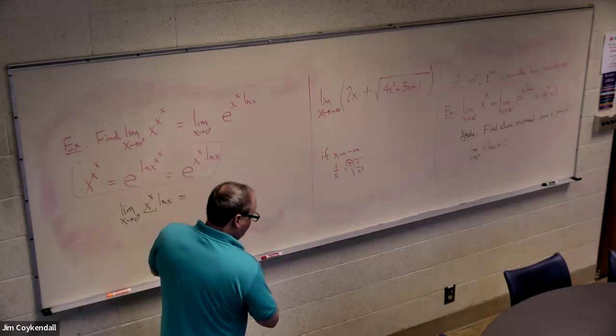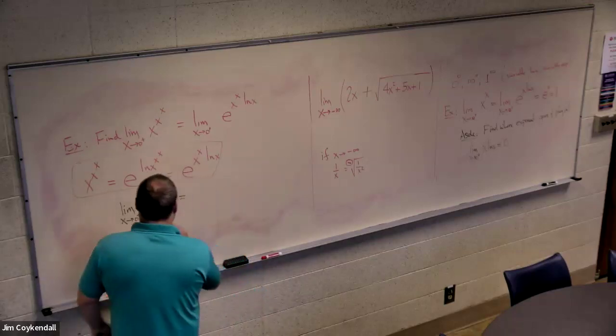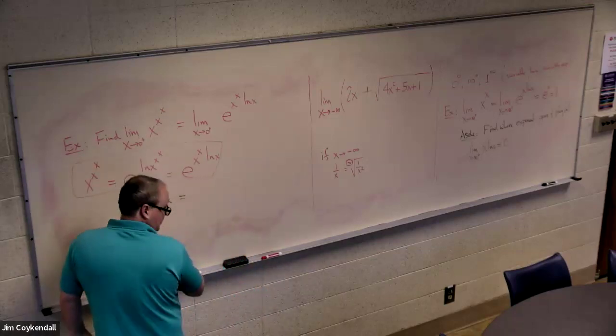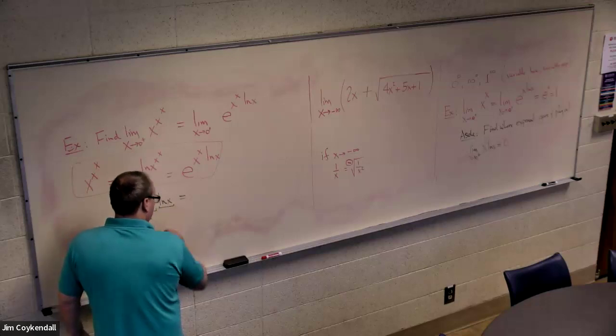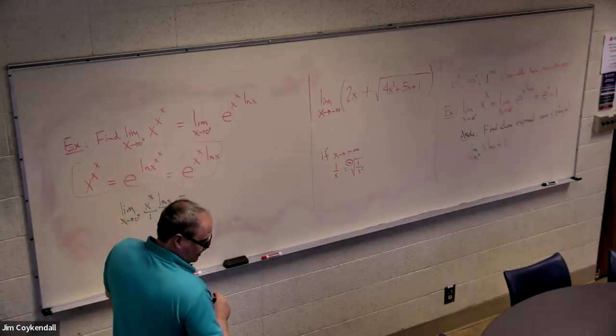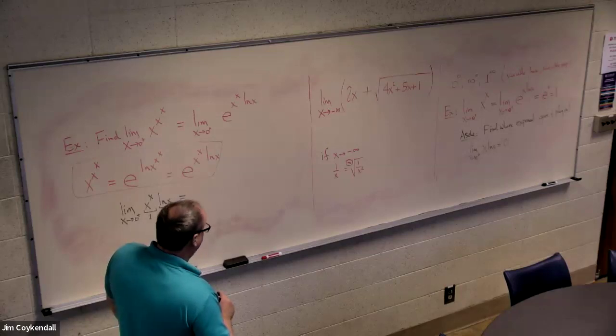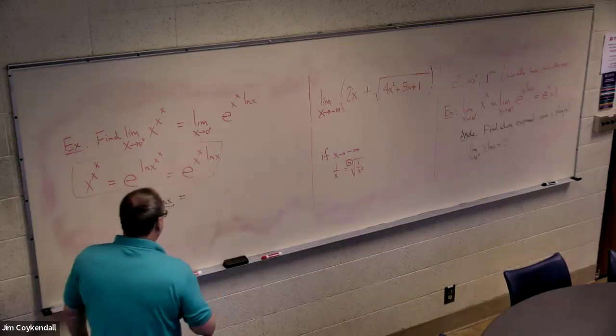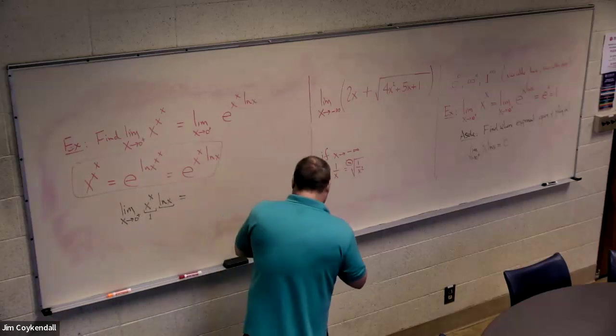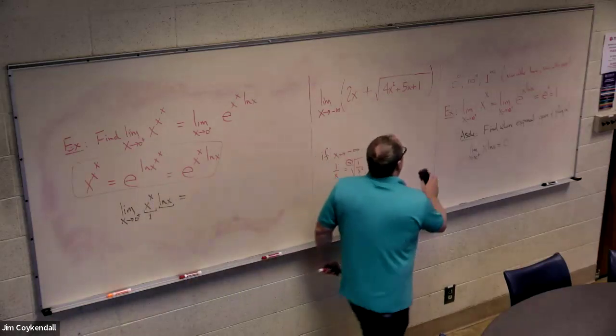That's our previous problem. This piece goes to 1. Where does this piece go? What else? The natural log of x as x goes to here. This might be useful for the next couple.